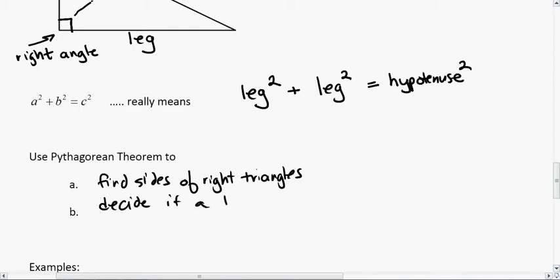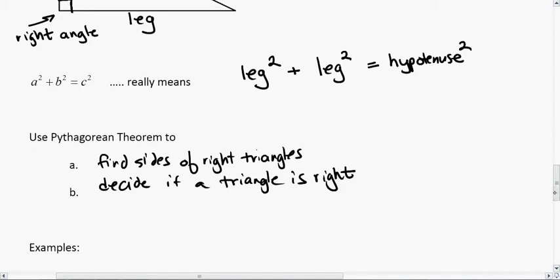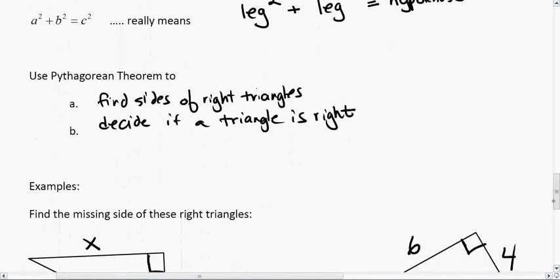And there's actually a way to use Pythagorean theorem to decide if a triangle is obtuse or acute, and we'll be doing that later on this year when we come back to doing some more stuff with triangles.